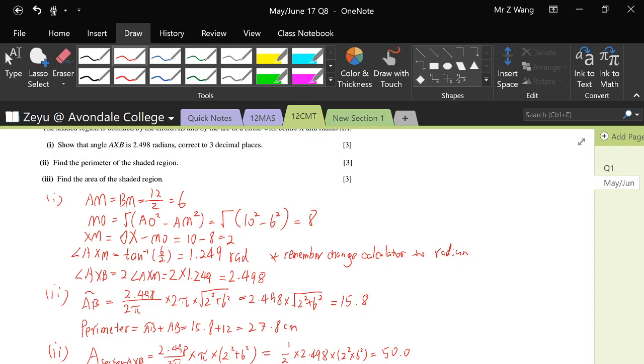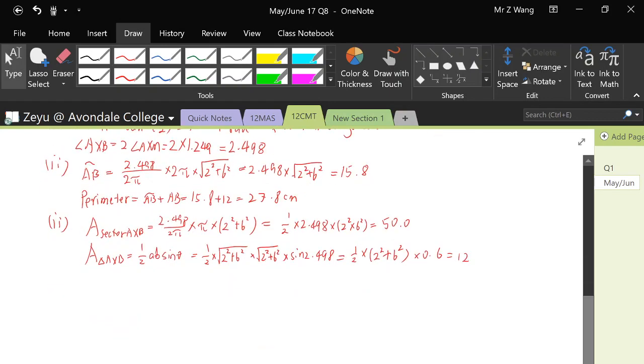Sine 2.498 is 0.6 exact. This is 1/2 times 2 squared plus 6 squared times 0.6. This equals 12.